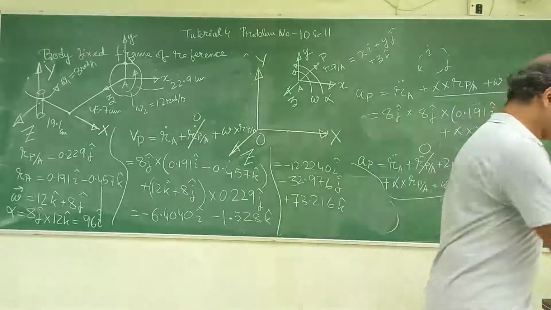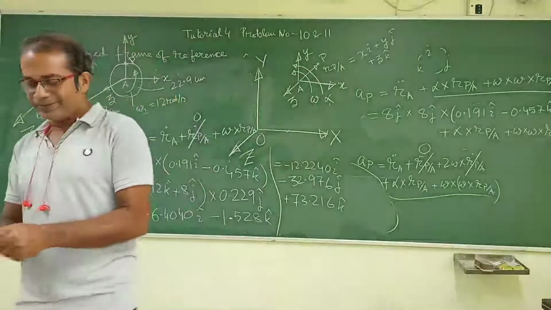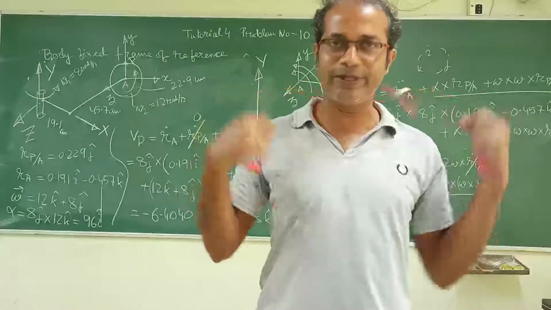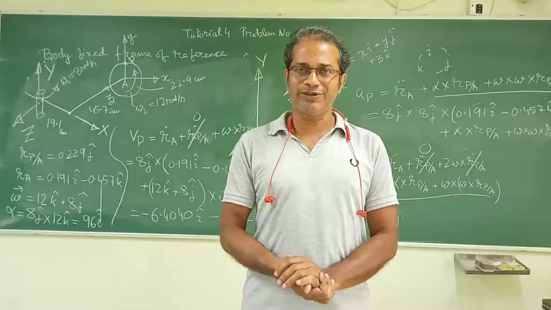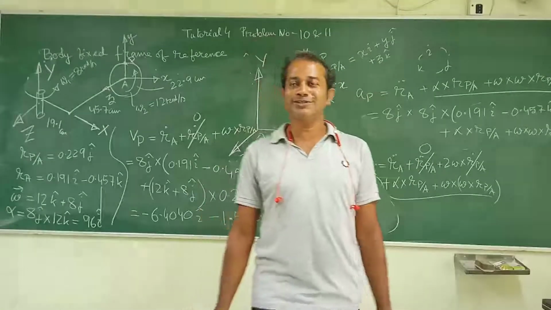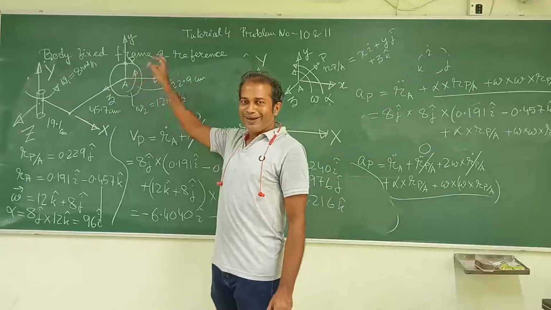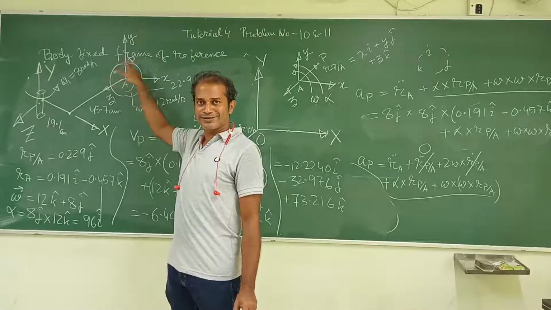Now let me summarize what we have done. We anticipated that in the dynamics chapter we will be using the body fixed frame of reference. Why will we use the body fixed frame? Look, it is having certain rotational inertias.